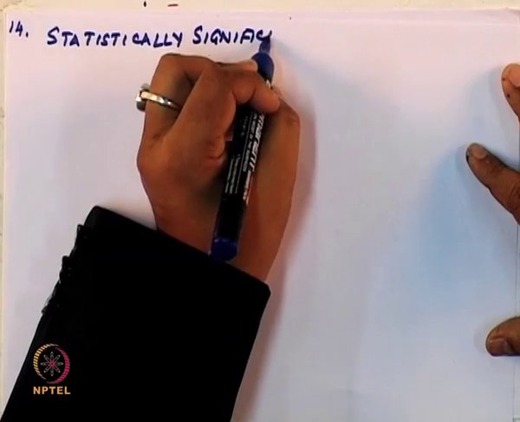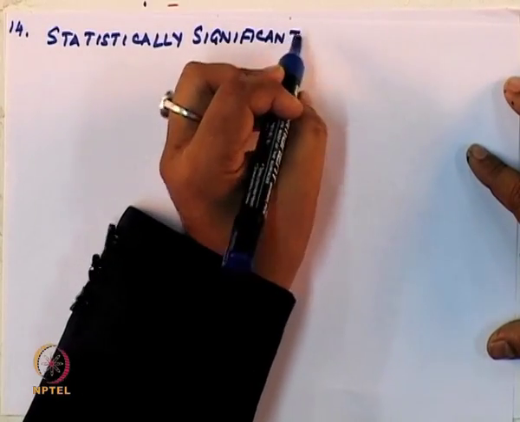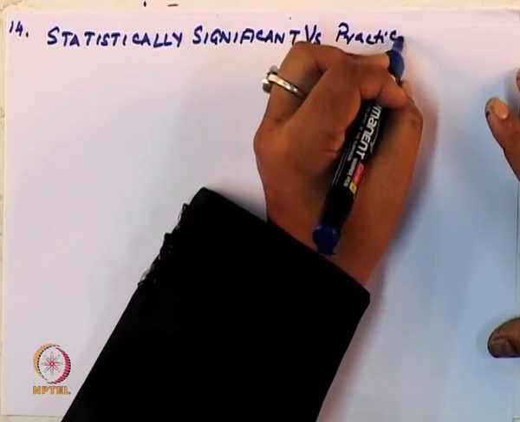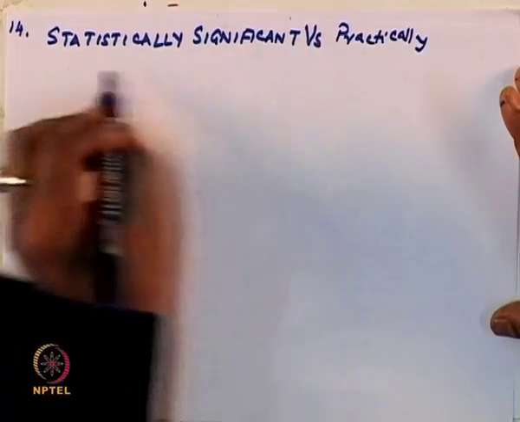Okay. So, this also brings us to another point: how do you make a difference between statistically significant versus practically important?